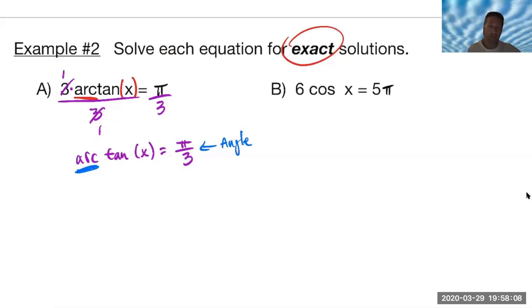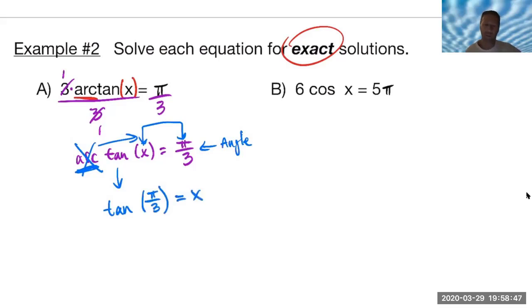Well, to get rid of the arc, the inverse, we just do the inverse of that, which means I take the input and the output, and normally we would put the arc or the -1 power. Well, since it's already there, we're just going to get rid of it in order to switch those inputs and outputs. And that will then yield the regular old tangent function. So in this case, I will now have tangent of π/3 as my input, and it's all equal to x.